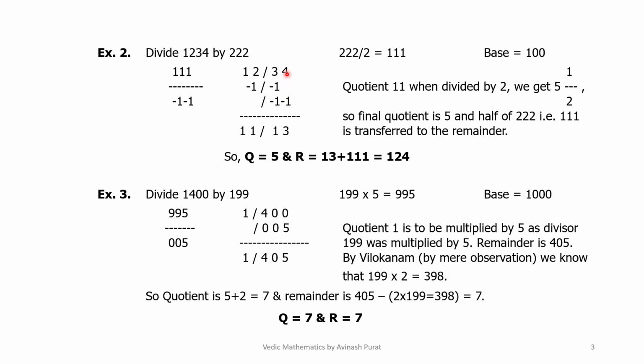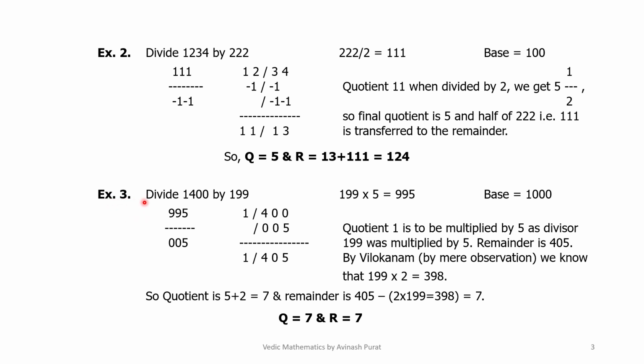So 4 plus -1, 4 minus 1 is 3 and 3 minus 2 is 1. Now quotient is 11. When divided by 2 we get 5 and a half. So final quotient is 5 and half of 222, that is 111, is transferred to the remainder. So Q quotient is 5 and remainder R is 13 plus 111, that is 124.